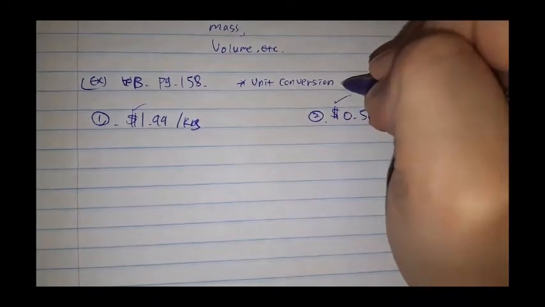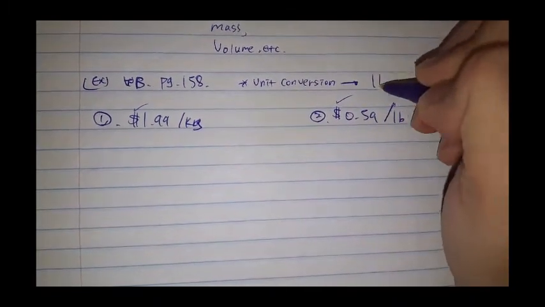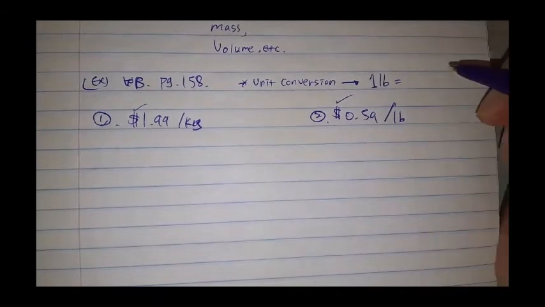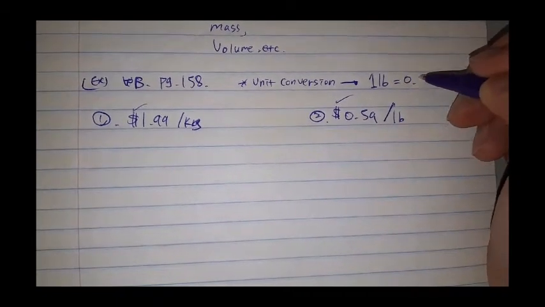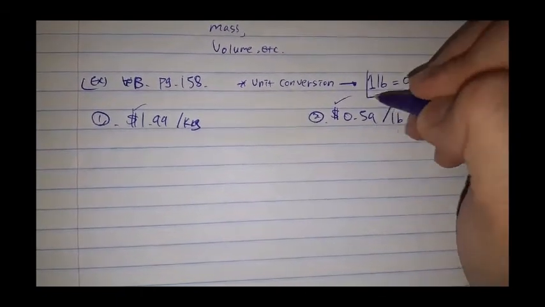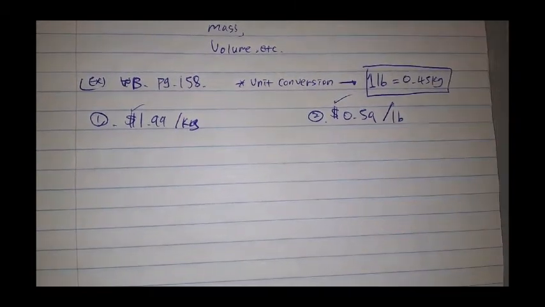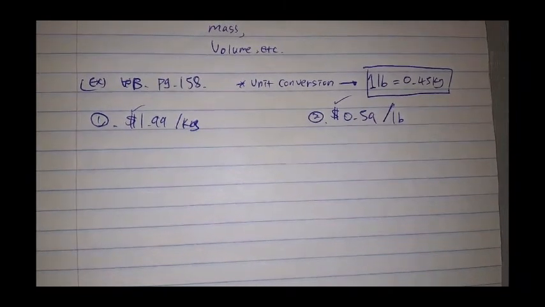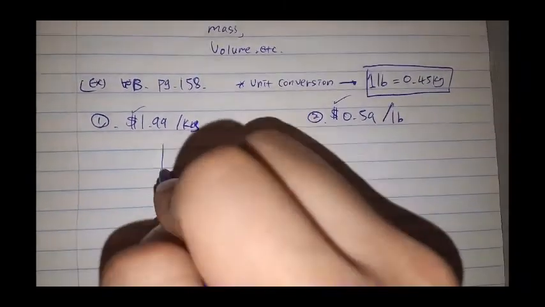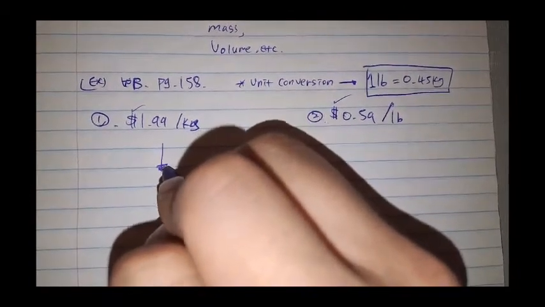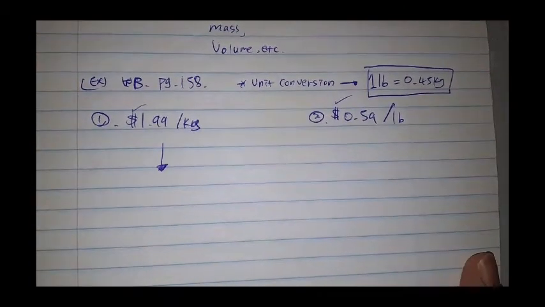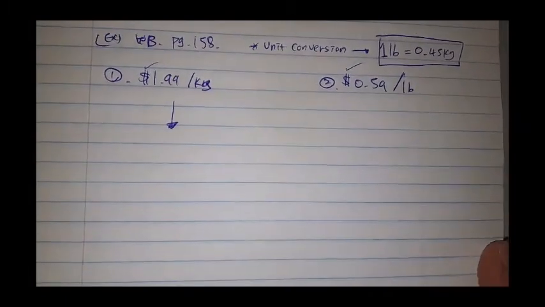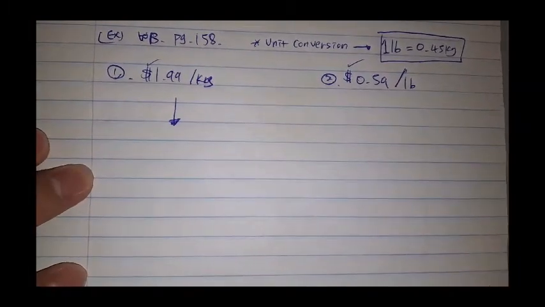In this case, from what we learned in Chapter 5, 1 pound is equivalent to 0.45 kilogram, or you can use 1 kilogram is equal to 2.2 LBS. So why don't we convert kilogram into pounds? Because, if I recall, Canada used pounds a lot for vegetables, and it was talking about bananas, so why not?